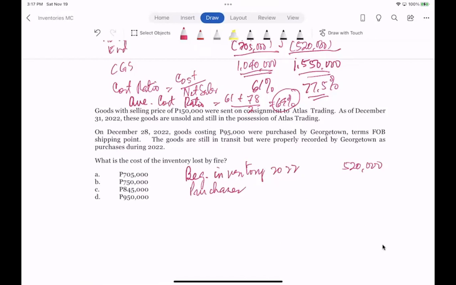So purchases amounted to 2,180. Therefore, total goods available for sale is 2,700. Okay, deduct cost of goods sold.